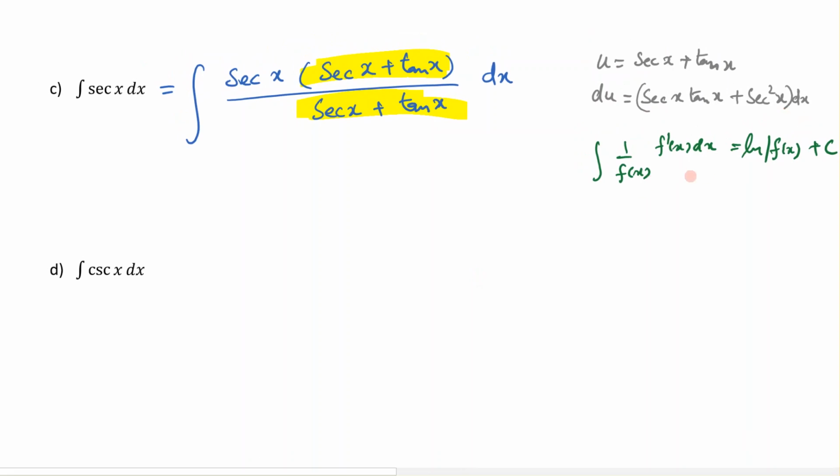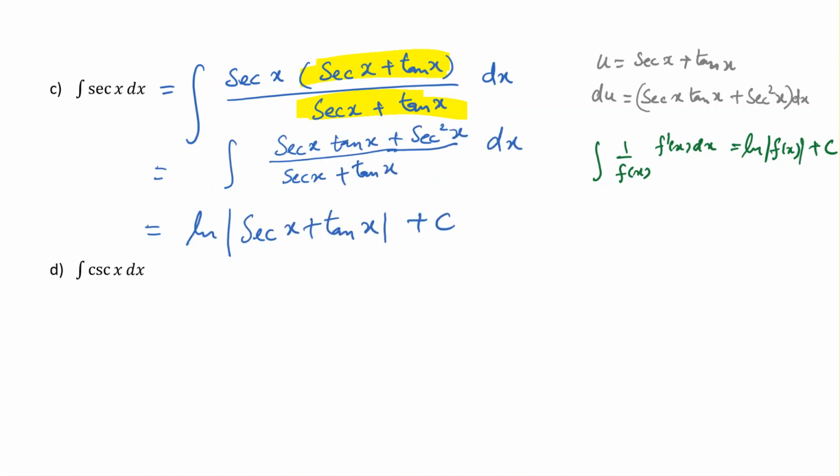So we have this basic logarithmic form, the reciprocal of a function and the differential of the function. So the integral should be ln of the absolute value of the function in the denominator plus c.